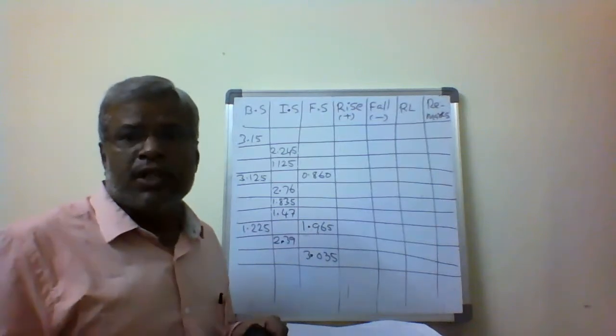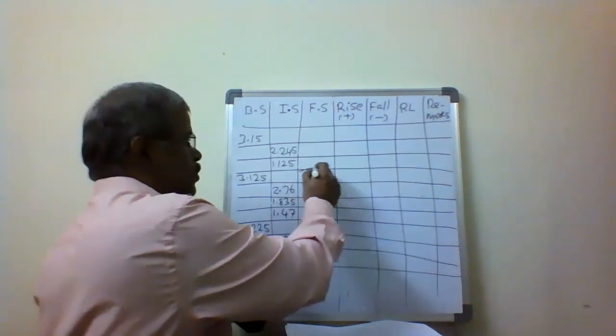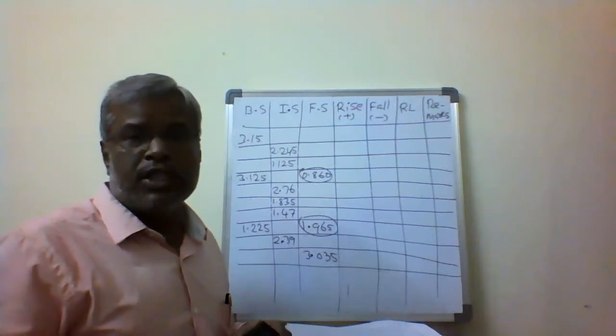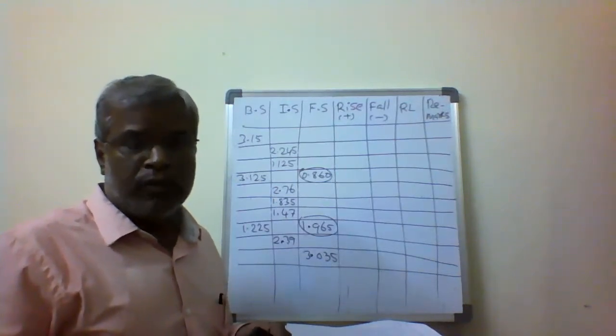At the fourth reading, the instrument was shifted, and similarly at the ninth reading, the instrument was shifted. The same problem, the previous one, we worked out by the height of the instrument method.